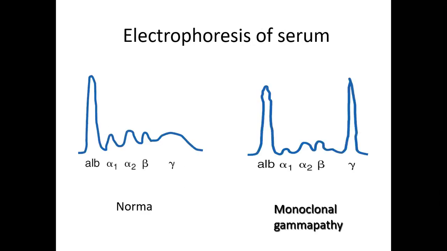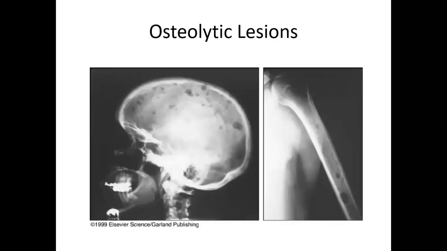In this photo, we can see on the left normal serum protein electrophoresis. On the right side, we find abnormal serum protein electrophoresis. We have two peaks. One is for the albumin and one for the gamma globulins, indicating what is called the M protein.